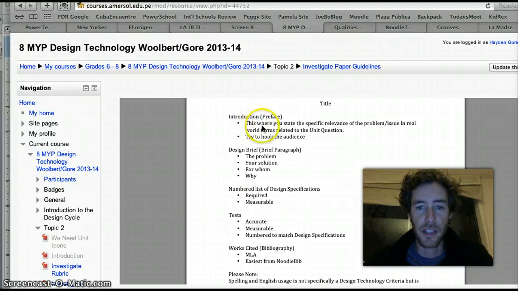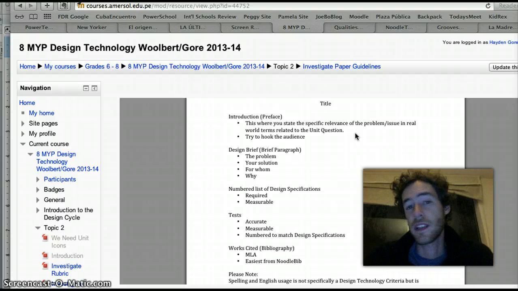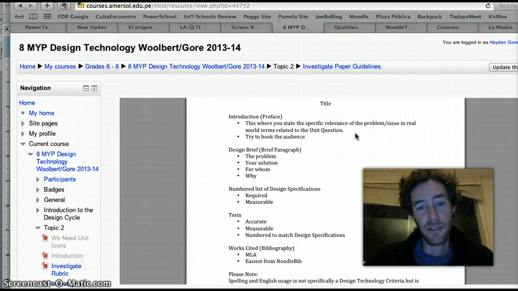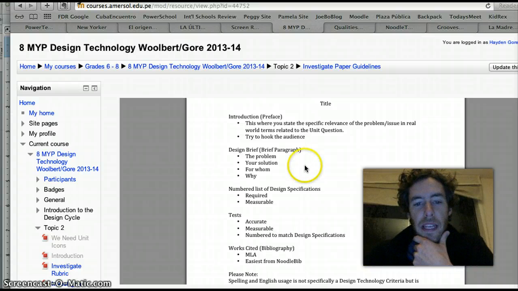It's the introduction. As it says here, this is where you state the specific relevance of the problem or issue of the unit in real-world terms that relate to our unit question and our significant concept. I want you to do it in a way that's interesting and hooks the audience and gets them engaged.